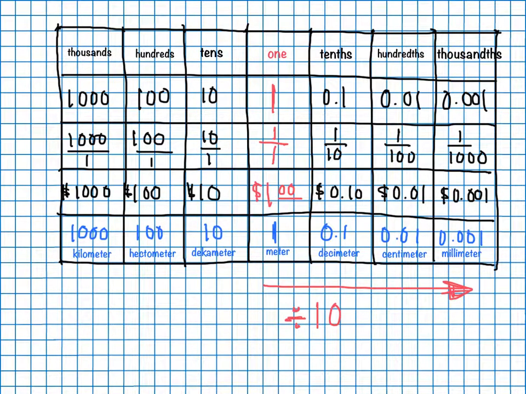But when we go this way, we are multiplying by 10. And depending upon how many steps we go, if we want to go 3 steps, 1, 2, 3, we're going to multiply by 10, then 100, 1,000, depending upon how far we're going to go. And this is your introduction to the metric system.